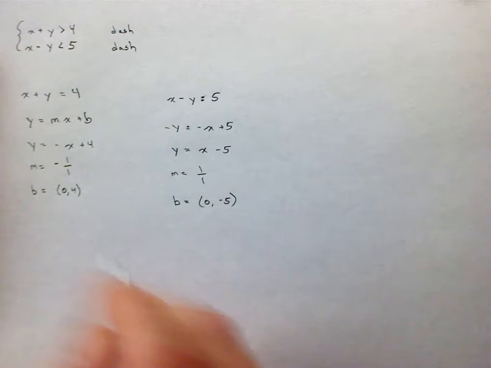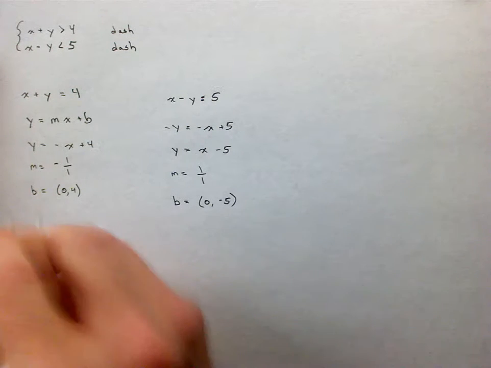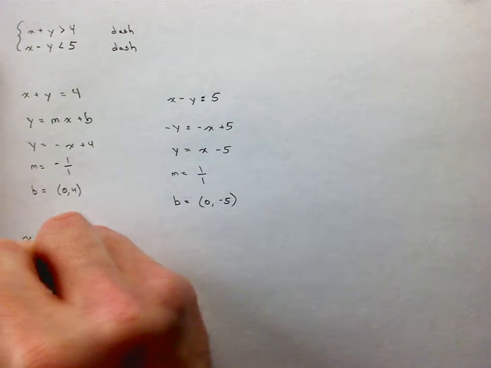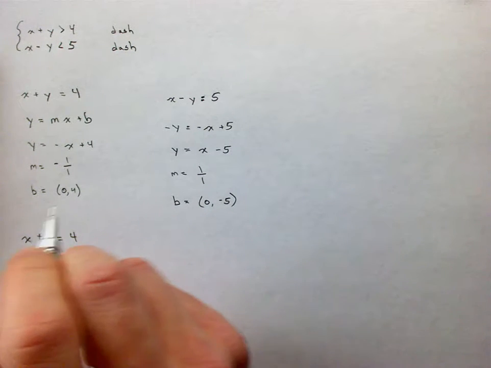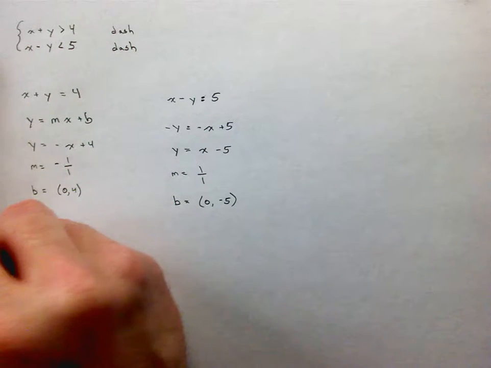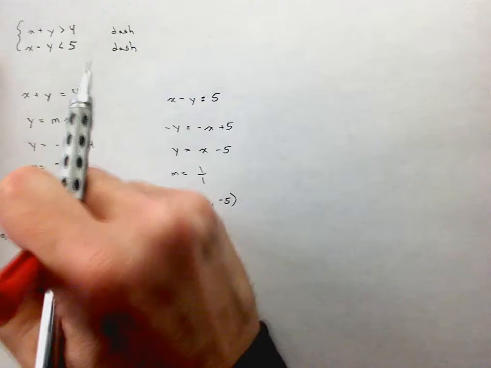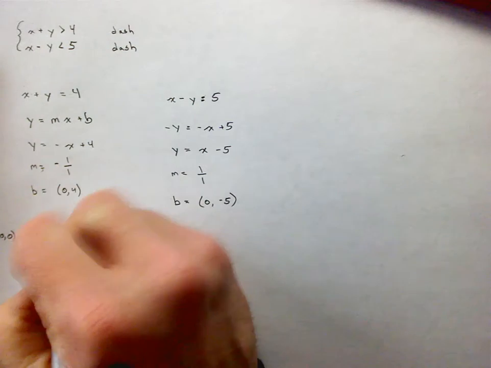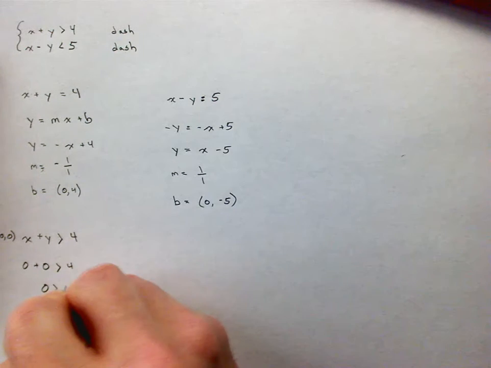Now I want to know which side of the line I shade on. So I have x plus y greater than 4. And remember, pick the easiest number. So I'm going to pick the origin. What I have is 0 plus 0, and I shouldn't have written down equals. It's greater than 4. Is 0 greater than 4?